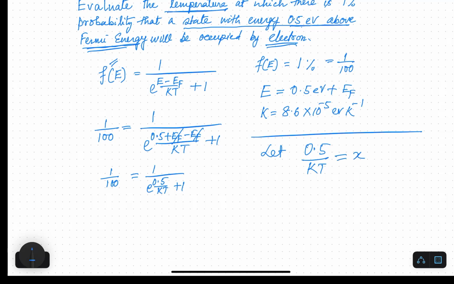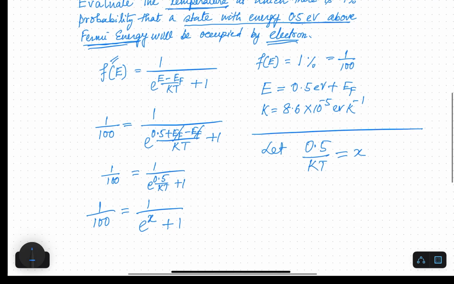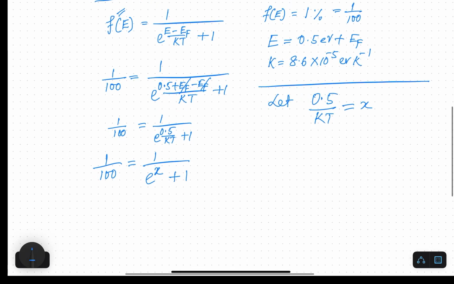So 1 by 100 equals 1 by e to the power of x plus 1, because I have considered 0.5 by kT as x. So 1 by 100 I can write as 0.01 equals 1 by e to the power of x plus 1.